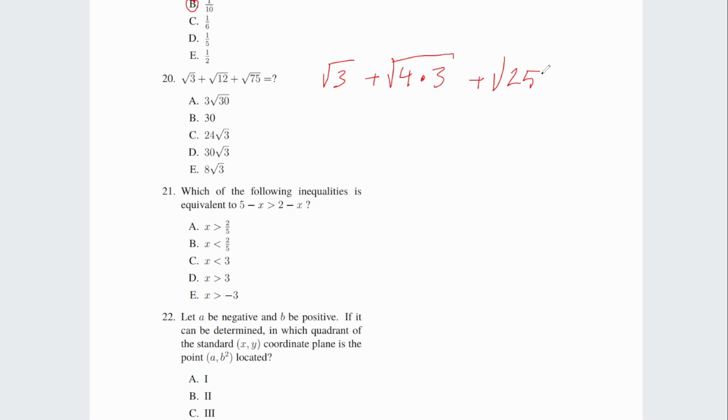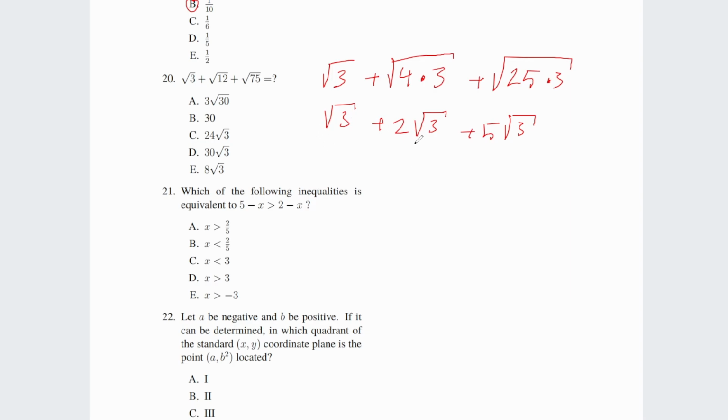25 and 3 are both factors of 75. So now we have everything expressed in terms of the square root of 3. We can simplify this out. We can say the square root of 3 plus 2 times the square root of 3 plus the square root of 25, which is 5, multiplied by the square root of 3.